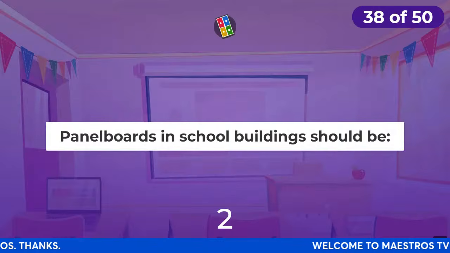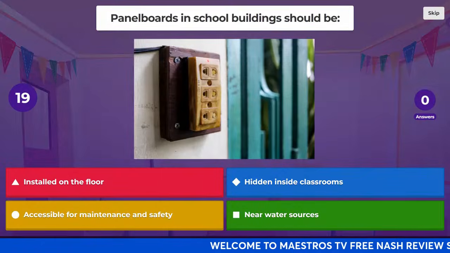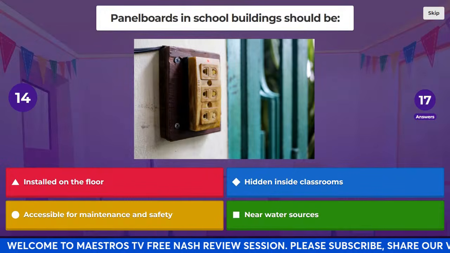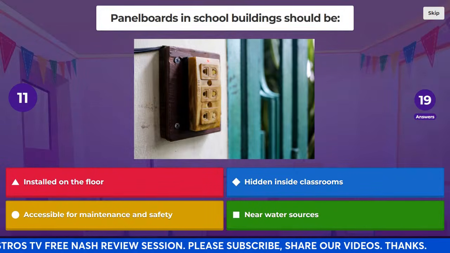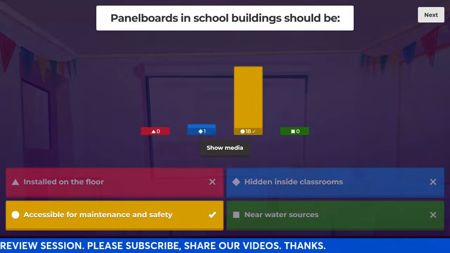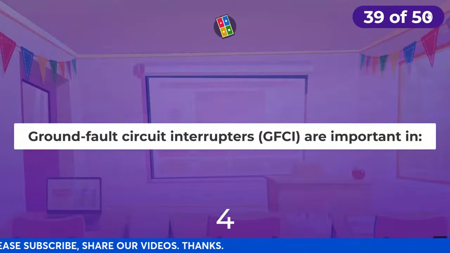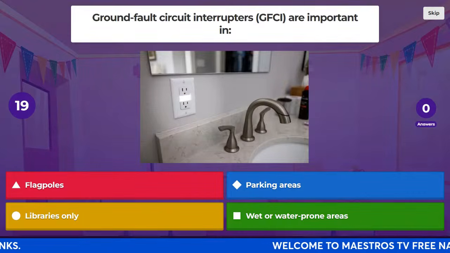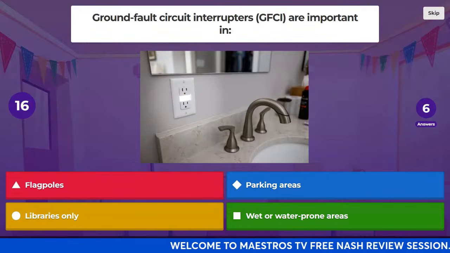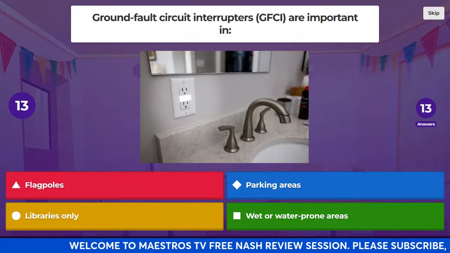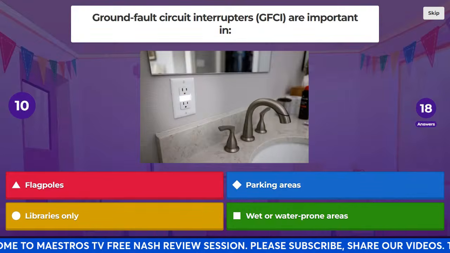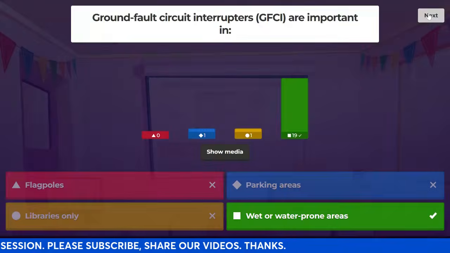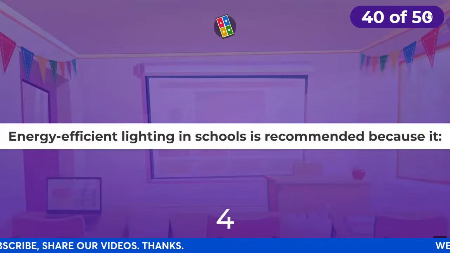Panel boards in school buildings should be accessible for maintenance and safety. Ground fault circuit interrupters or GFCI are important for wet or waterproof areas. 40.